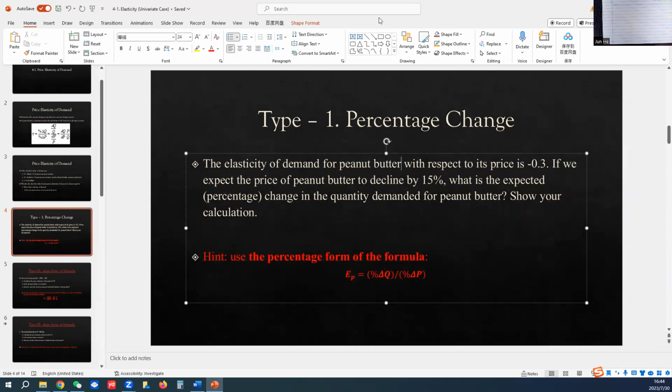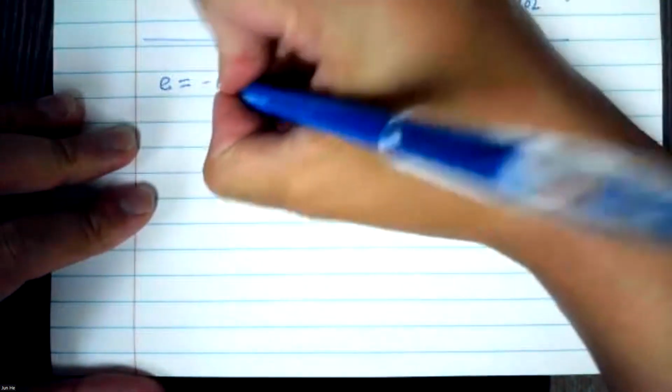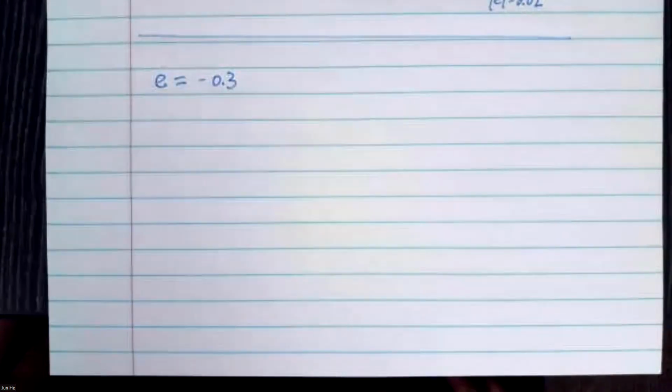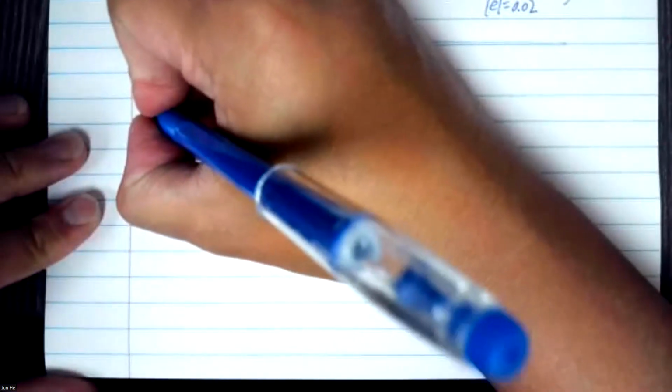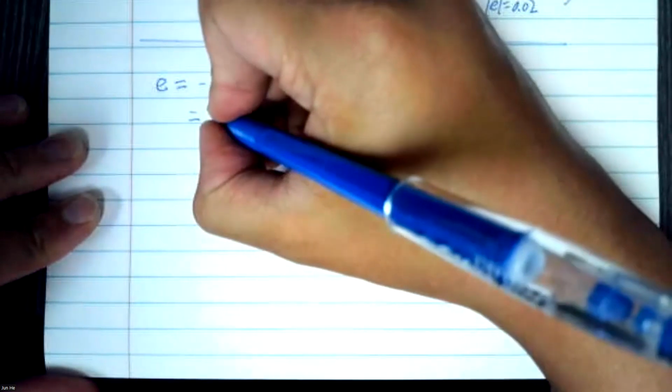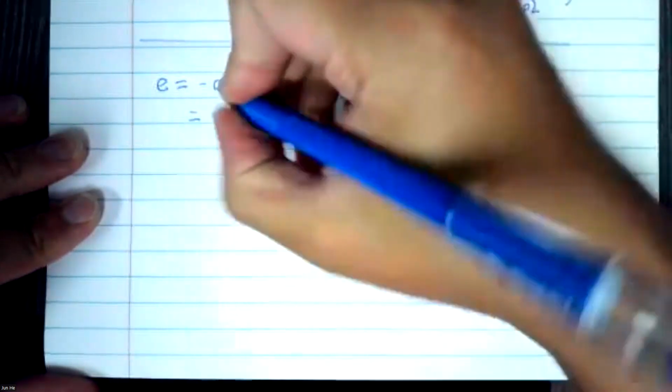First thing that I would suggest you to do when you are reading those questions is write down the language, translate this language into mathematical expression. So here, the first one, elasticity of peanuts to its price is minus 0.3. And if we expected the price of peanut butter to decline by 15%, so it's a decline, so there's a minus sign, okay?